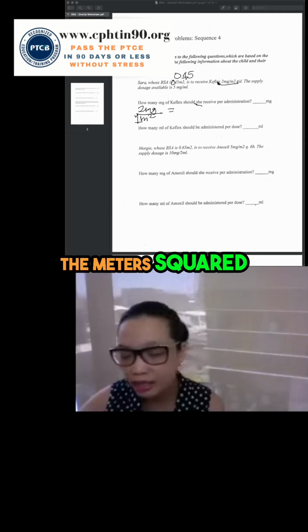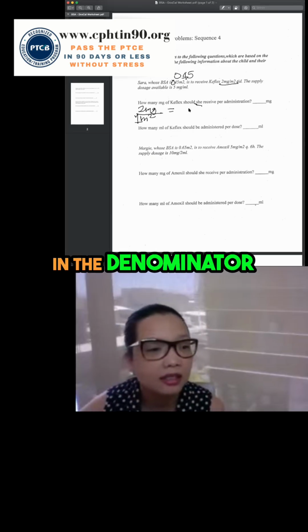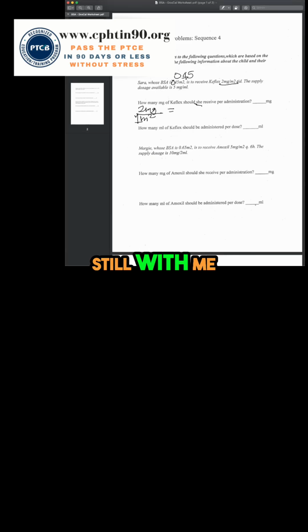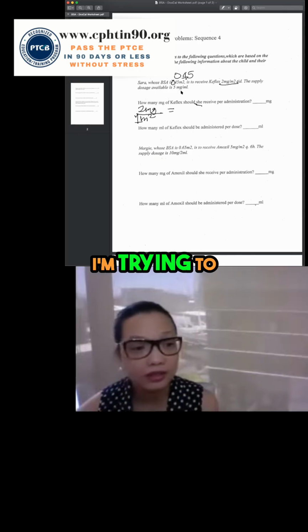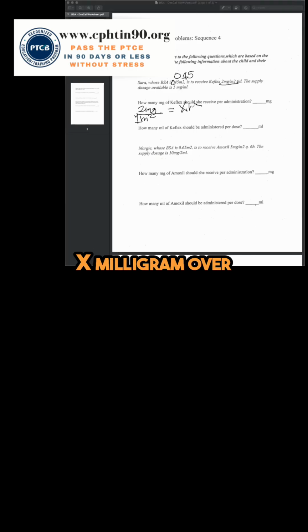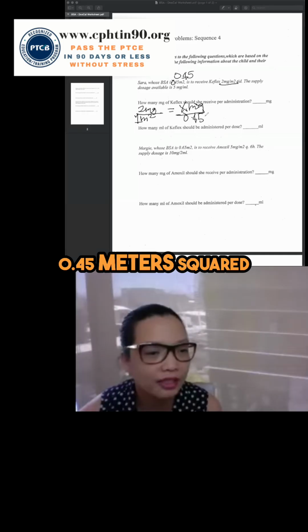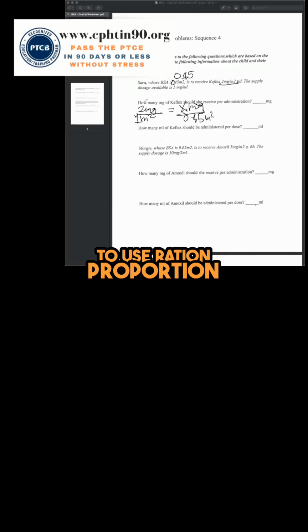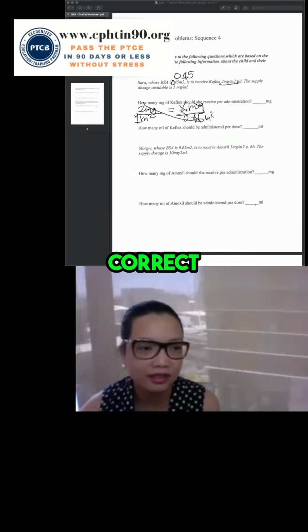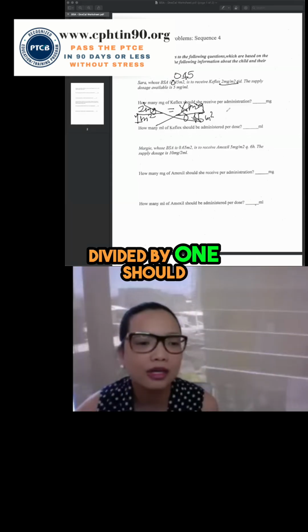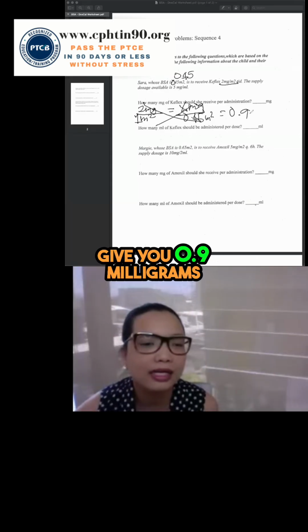The meter square has to be in the denominator, correct? Are you still with me? So what I'm trying to look for is X milligrams over 0.45 meters squared if I'm using ratio and proportion. Then it's 2 times 0.45 divided by 1, which should give you 0.9 milligrams.